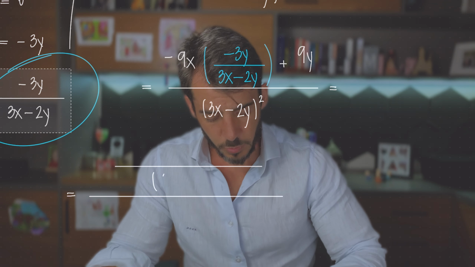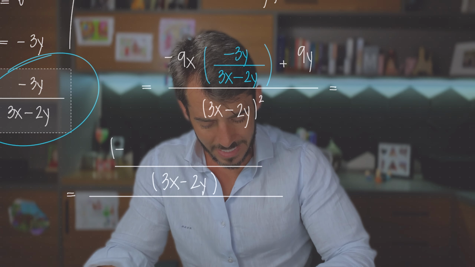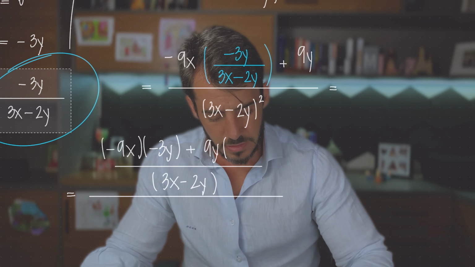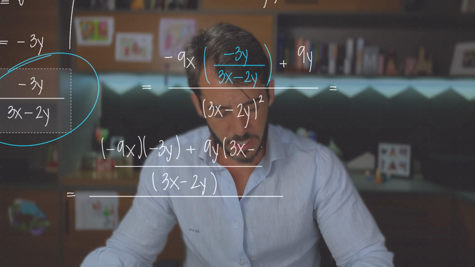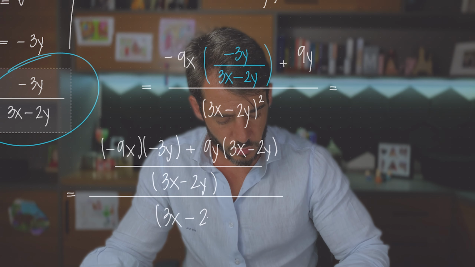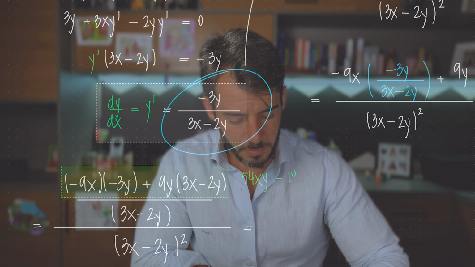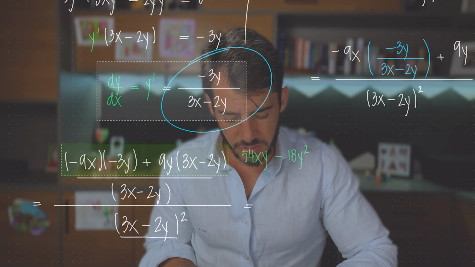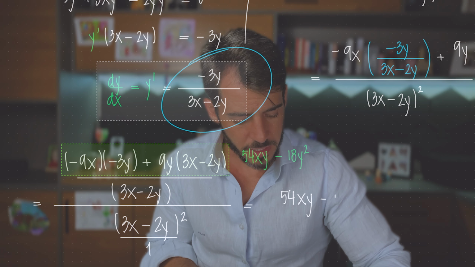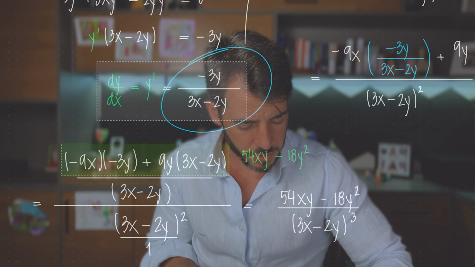So placing 3x minus 2y as the denominator of the numerator, we have negative 9x times negative 3y plus 9y times this new denominator, which is 3x minus 2y, all of this over 3x minus 2y squared. For this numerator, we get 54xy minus 18y squared, and given that we have a quotient between fractions, the final answer will be 54xy minus 18y squared over 3x minus 2y, not squared, but cubed.